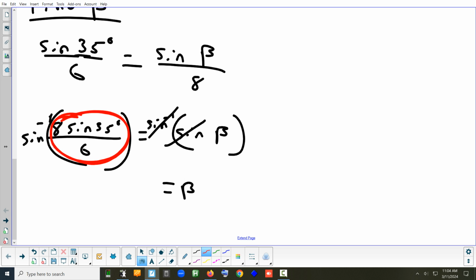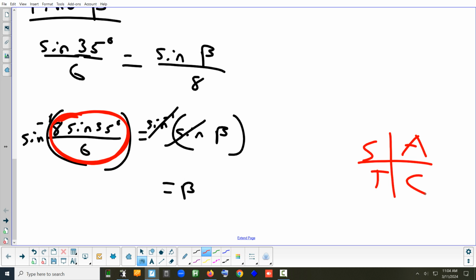So the point here is you are taking the inverse sine of a positive number. Think about where sine is positive. Quadrant 1, which we just got, 49.886, and quadrant 2.